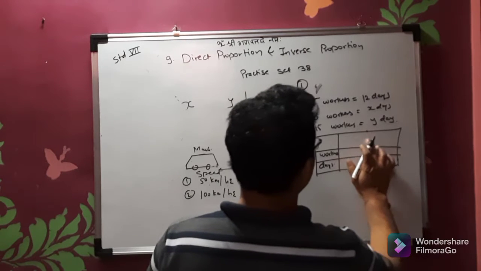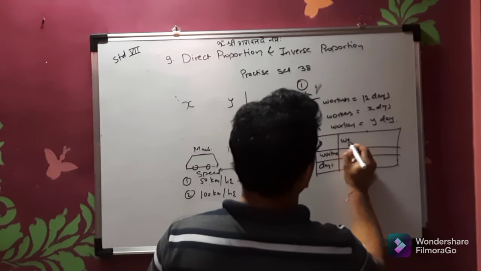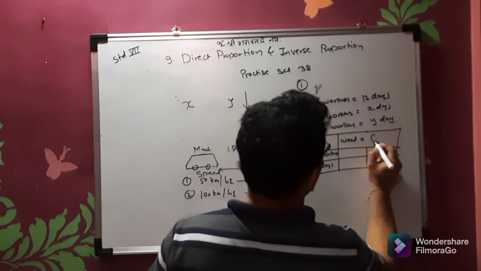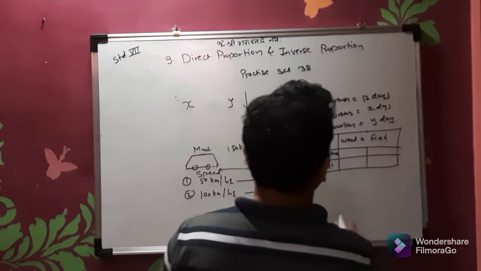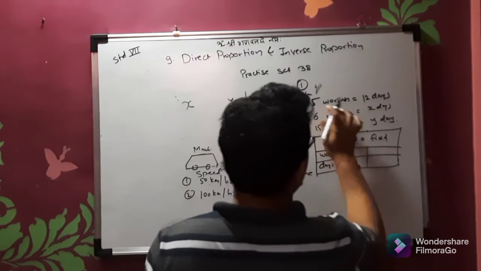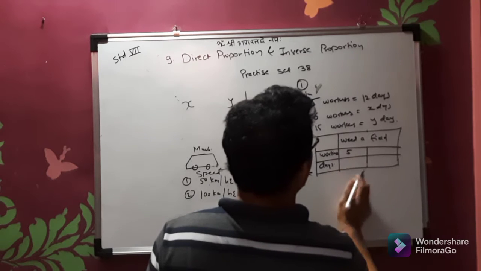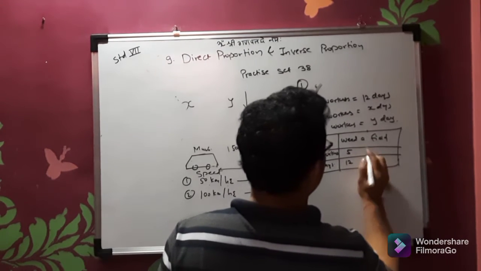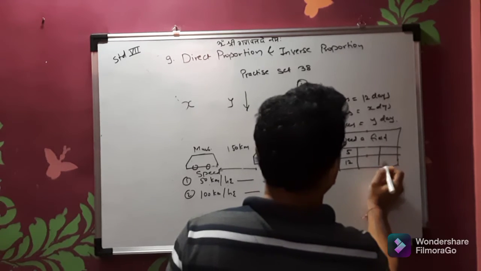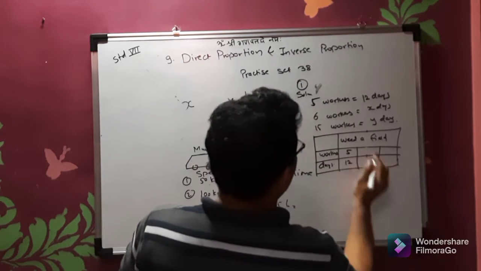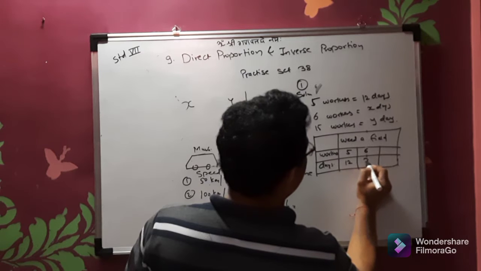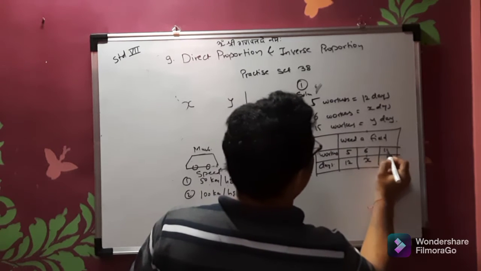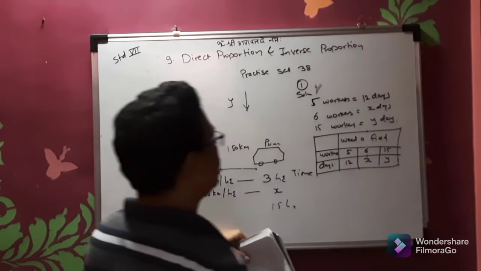So the common factor is here, weed a field. So when 5 workers work, at that time 12 days required. When 6 workers work, how many days required? Say x. When 15 workers work, then y days required.